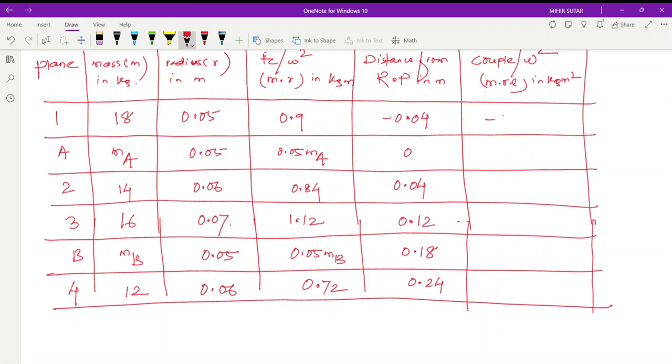So this value is 0.036 kg meter square, 0.0336, 0.1344, 0.009 MB, 0.1728. Okay, the table is completed.